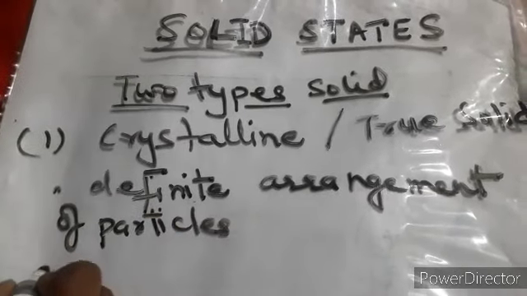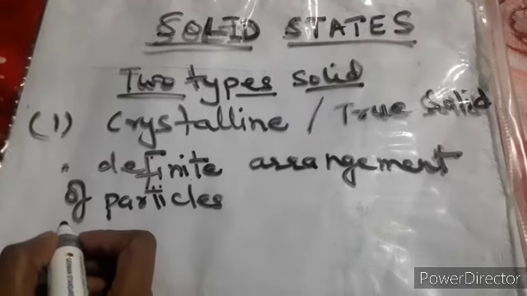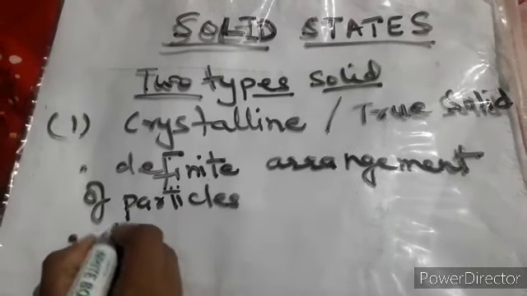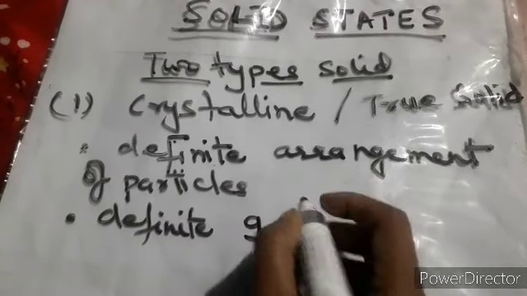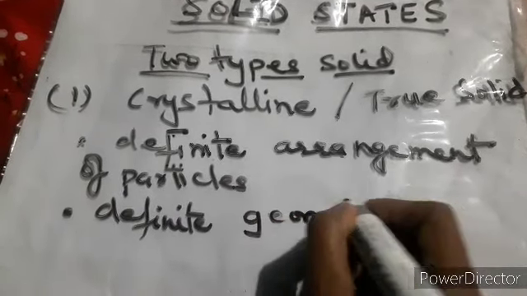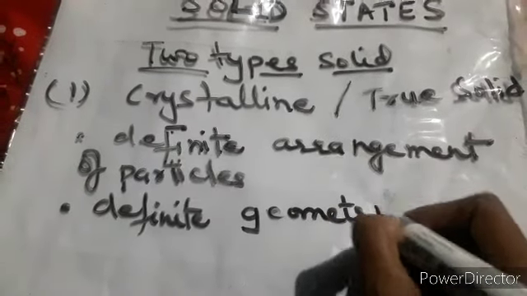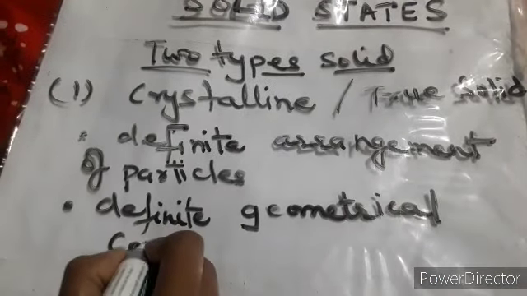This is the first point. Throughout the solid they have a definite geometry, or you can say geometrical configuration.